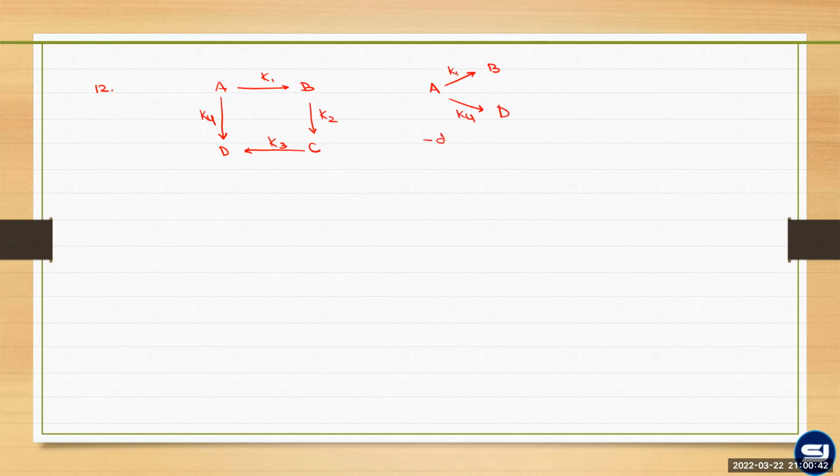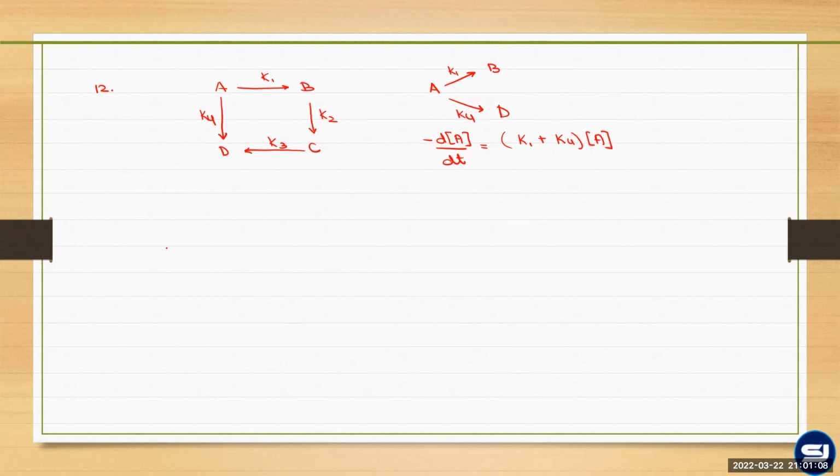So how do you write minus dA by dt for a parallel reaction? K1 plus K4, K1 plus K2 नहीं, K4 लेना है इधर, K4, sorry, into concentration of A. This would have been a correct expression for the rate of a parallel reaction, right?